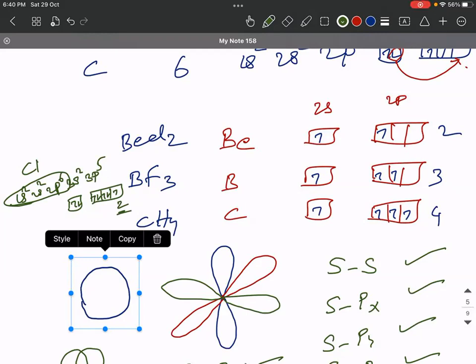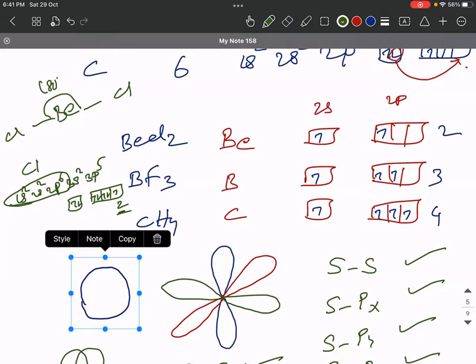So you are expecting two different shapes, right? But experimentally we see beryllium chloride is a linear shape with a bond angle of 180 degrees. How is it possible? The s-s overlap means it will be one shape, and the p-p overlap means you will get one shape. So one chlorine would have one property and the other chlorine another property, but the bond length and bond angles are the same.